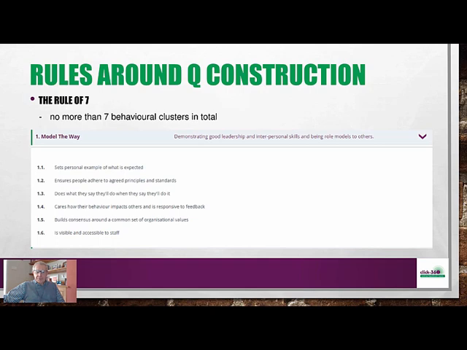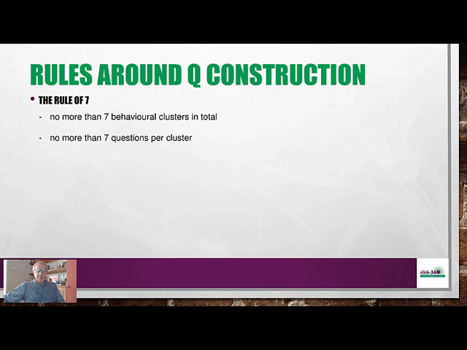And then if we move to the next rule, no more than 7 questions per cluster. Why? Well, it's all to do with time and rate of fatigue. If you keep piling in questions underneath a cluster, then you're going to wear people out.